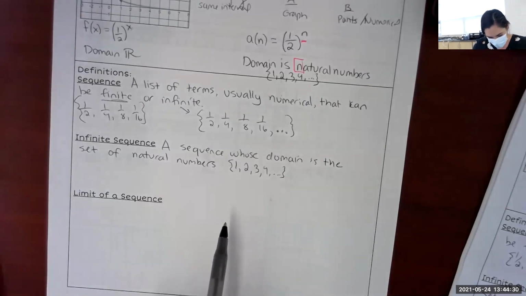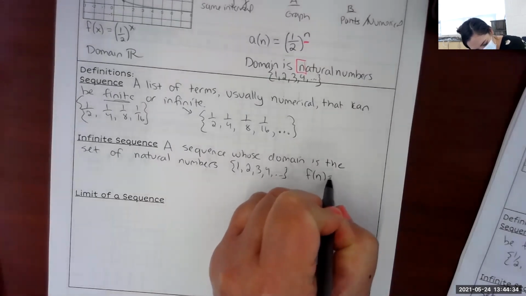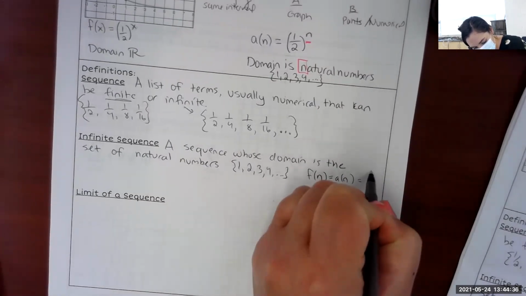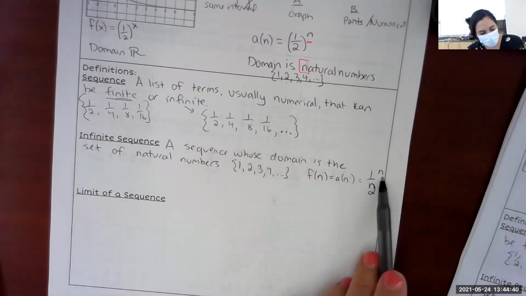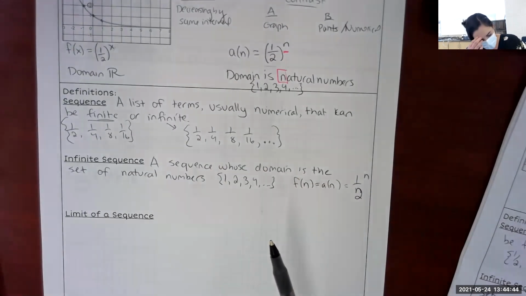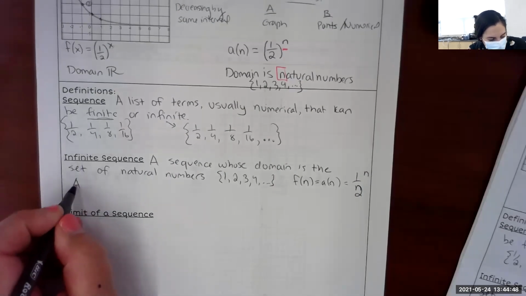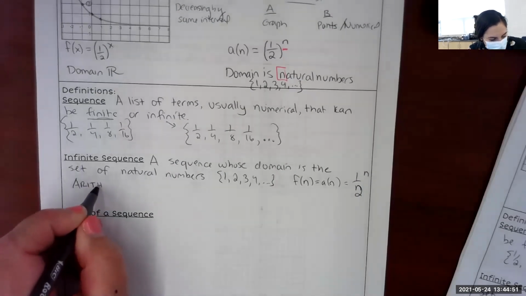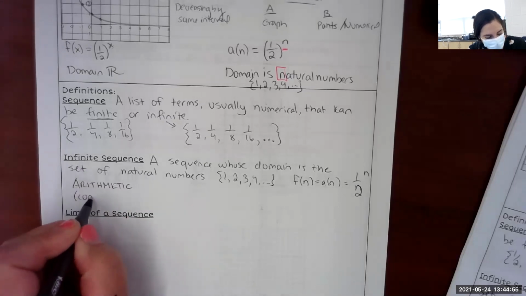So an example of some notation we could use for that is f of n equals a of n equals 1/2 to the n. And again, we use n usually because we're dealing with natural numbers, okay? There are two types that we'll probably look at in this class. Arithmetic, where you have a common difference.